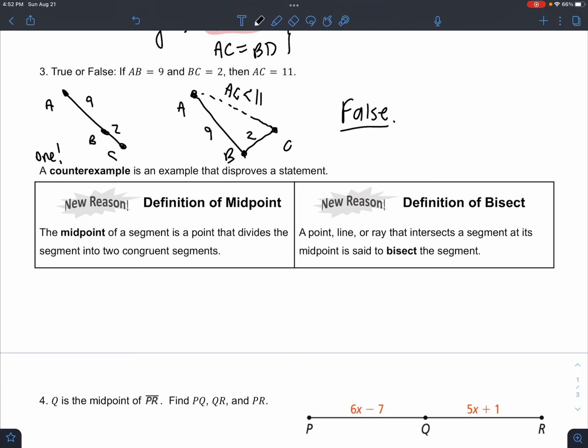Two new reasons here, two new key vocab points. These are both definitions. We got a midpoint and we got bisect. So a midpoint, as you probably heard before, is the point that divides a segment in two. So this is the midpoint here. M is a midpoint.